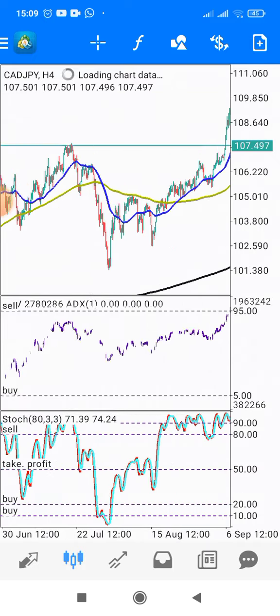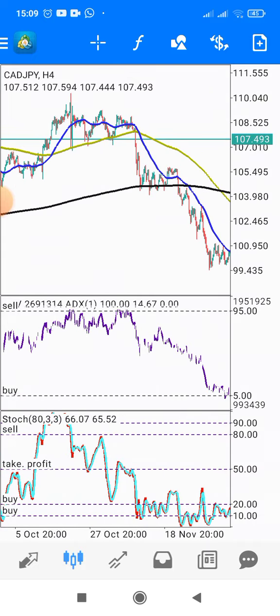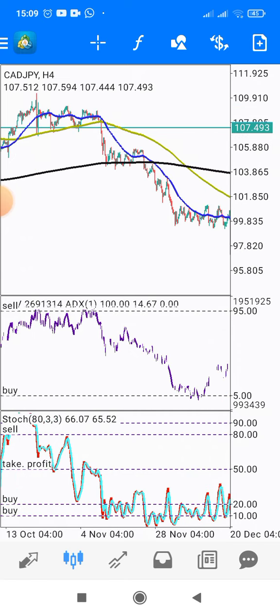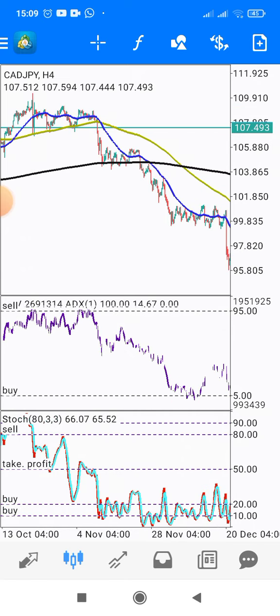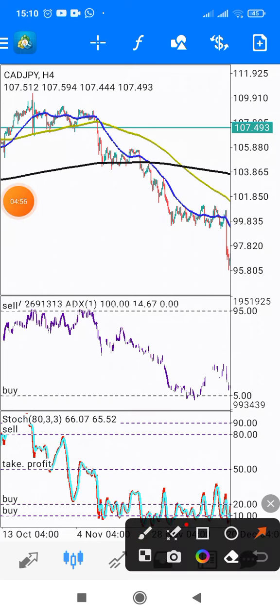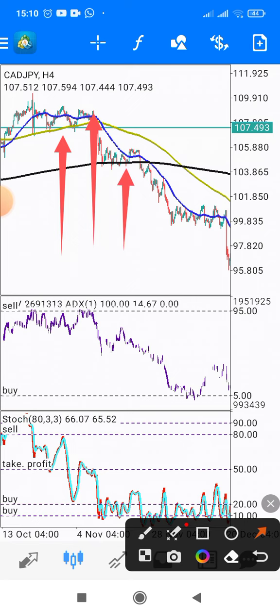When you are on the main chart, we are able to tell the direction of the market. This is the CAD JPY 4-hour chart. We have three moving averages: the yellow moving average, the blue moving average and the black moving average. This best gives us the direction of the market.